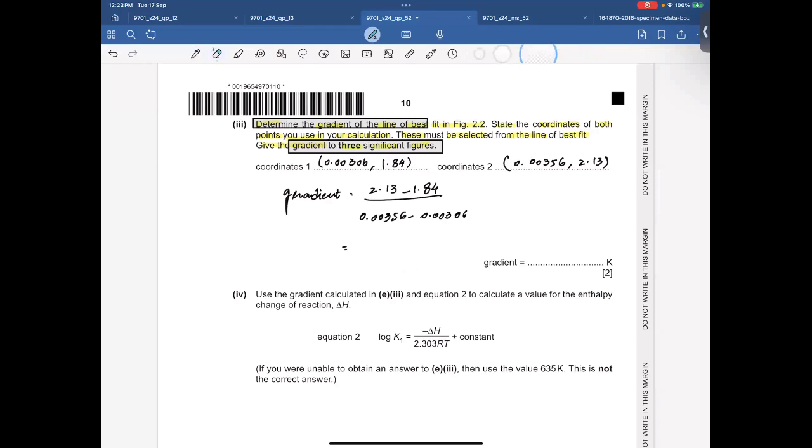Let me check. 2.13 minus 1.84, so its value is 0.29. 0.00356 minus 0.00306 is basically 5 into 10 to the power minus 4. So 0.29 divided by that. It's 580 exactly. Okay. Gradient is 580.